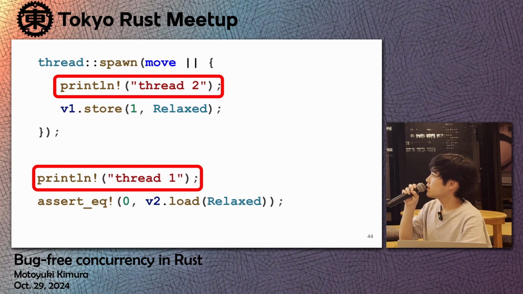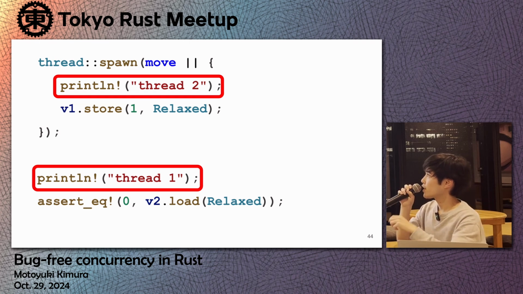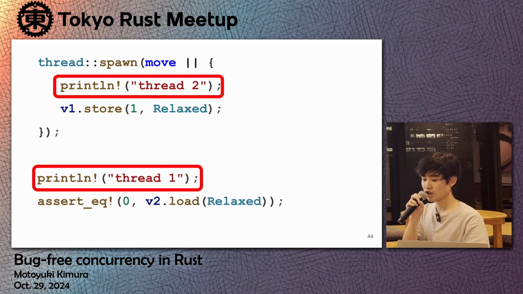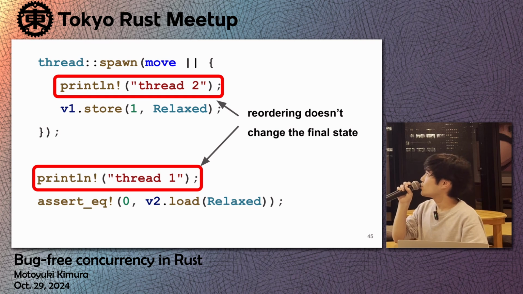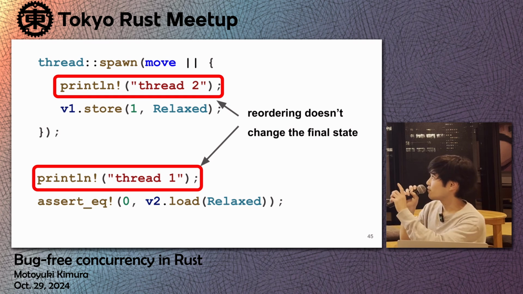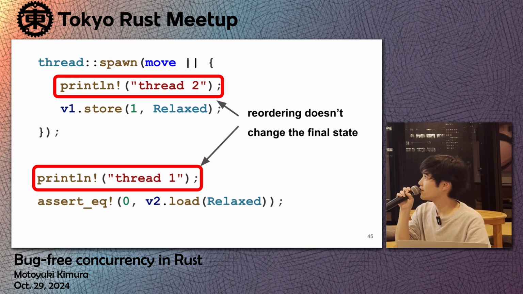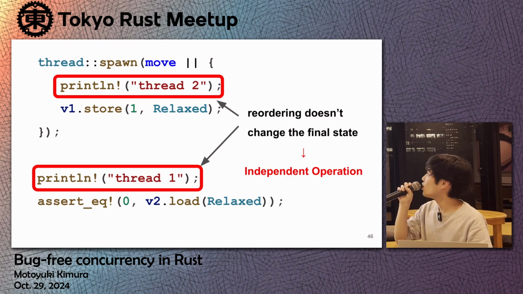So let's see whether reordering these two println operations changes the program's final state or not. If you think about it for a moment, probably you find that just reordering does not change the program's final result. So in that case, we can say these 2 operations are independent operations.